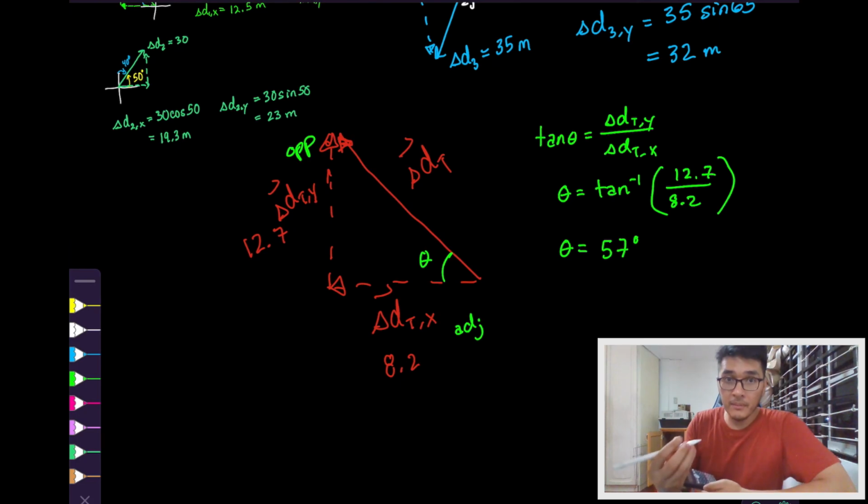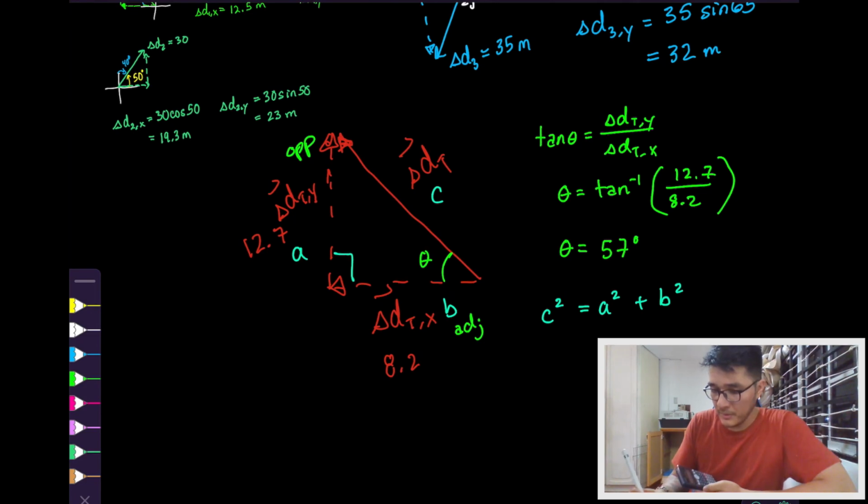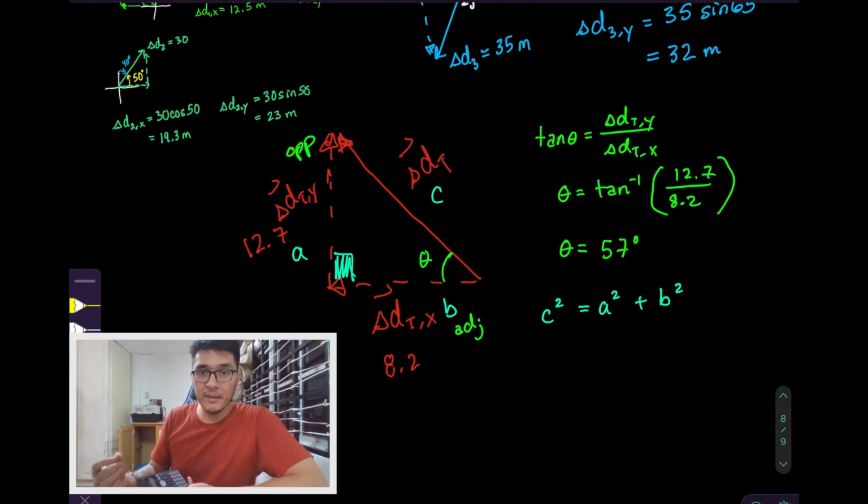And then to find the magnitude of the length of the vector, you're going to use Pythagoras. So c squared equals a squared plus b squared, because we have a right angle triangle. Right, because x and y components would always be perpendicular to one another.